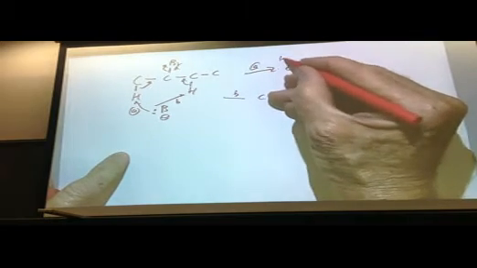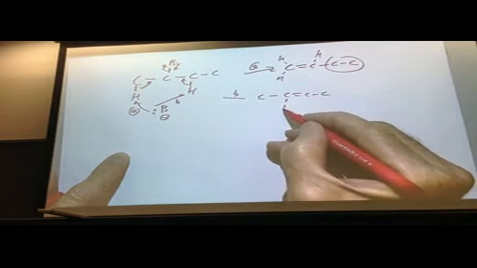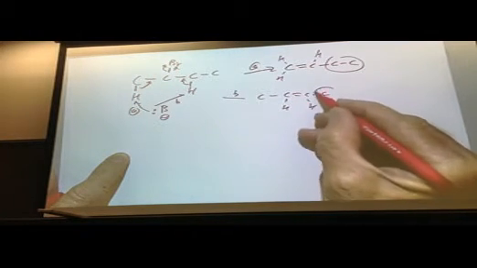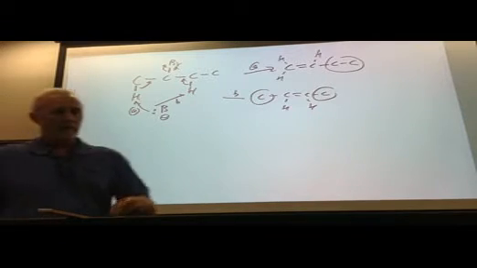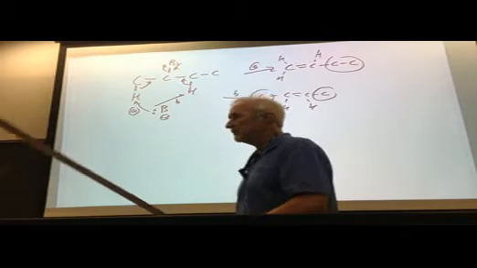Let's see, we have a hydrogen here, hydrogen here, hydrogen here, and this is an R group. Here we have a hydrogen, and a hydrogen here, and an R group here, an R group here. It doesn't matter how big the R group is, just how many R groups you have. We just talked about this. The more R groups you have on the carbon-carbon double bond, the more stable it is.